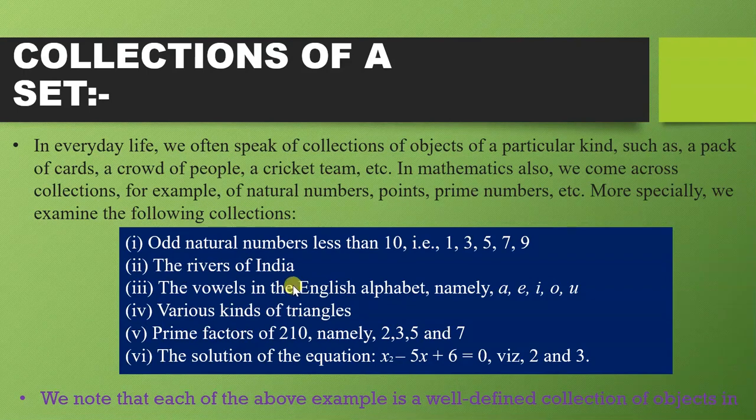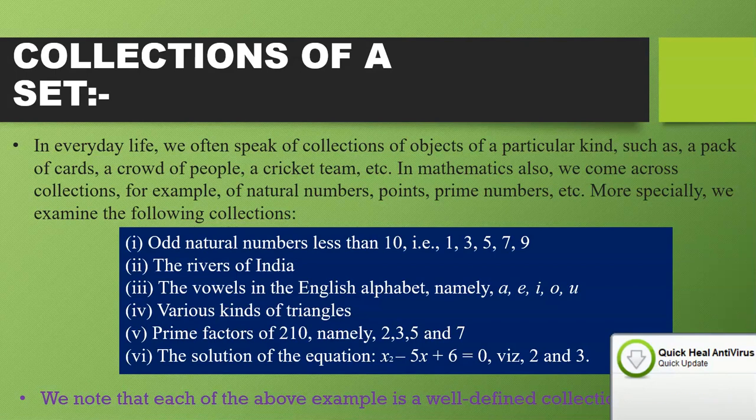The rivers of India are also well known to everyone. So this collection is also a set. The vowels in the English alphabet are A, E, I, O, U, and no other element is a vowel. So we can say that this collection is also a set.